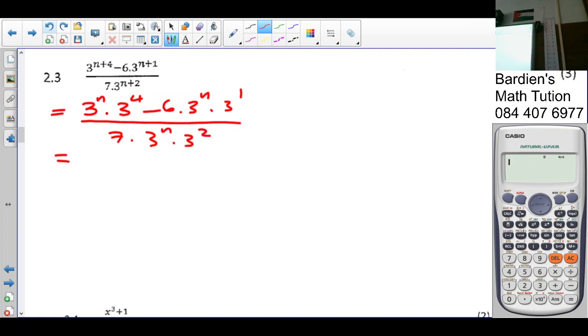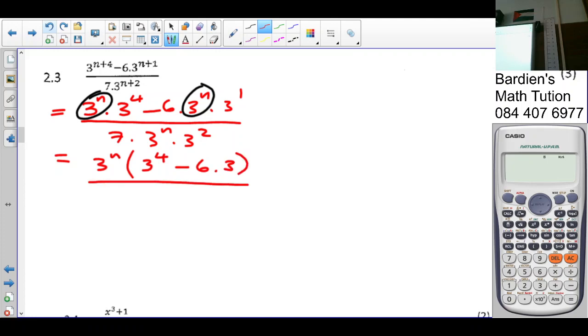Now what do we look for on top? A common factor of 3 to the n. Although I know that 3 to the n plus 2 is a common factor, or 3 to the 9 times 3 to the n. Okay, but I'm just going to take 3 to the n out as the common factor so that I can simplify with the denominator. I can cancel out.